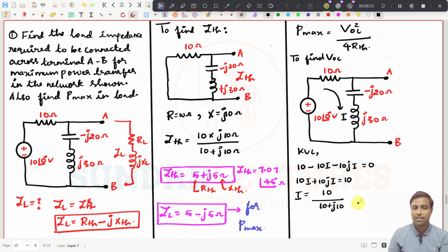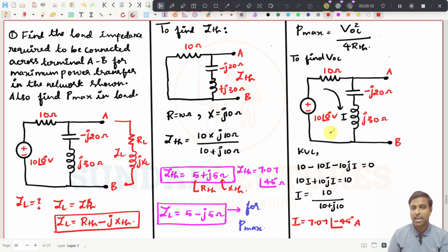This is the final expression for I. If you simplify this, I should be equal to 7.07 at an angle of minus 45 degrees amperes. So this is the current here.